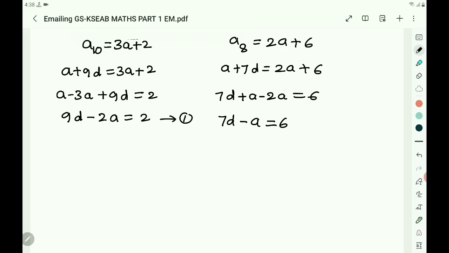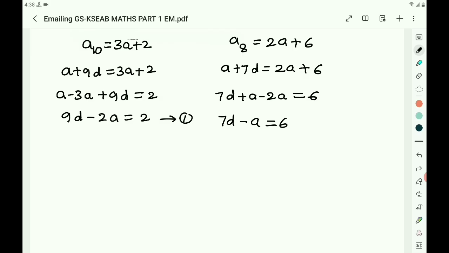Here, this is the first equation. This is the second equation what we got. To find a and d, we have to use any one of the methods of solving the pair of linear equations in two variables. Here the two variables are a and d. To cancel any one of the variables by elimination method, the coefficients must be same, or otherwise you have to make the same coefficients.